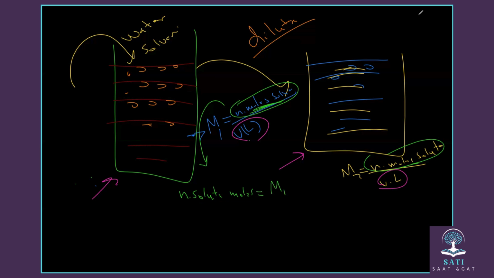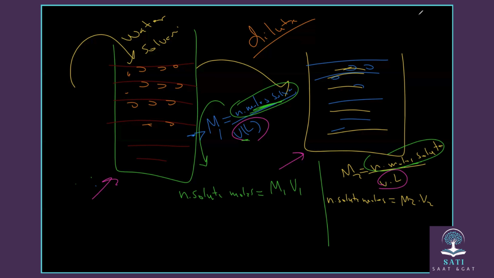Molarity 1 times volume 1. While the second one is the same thing: number of solute moles equals M2, which is molarity for the second cup of tea, times V2, which is the volume of the new solution.